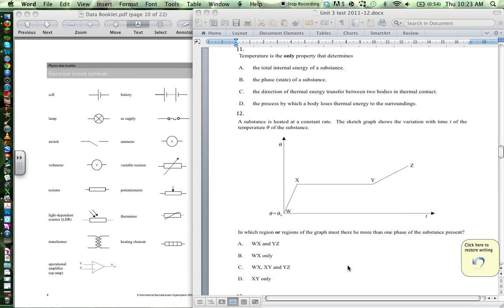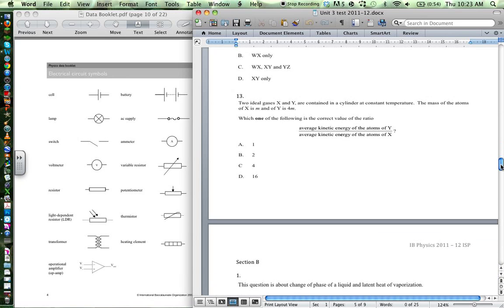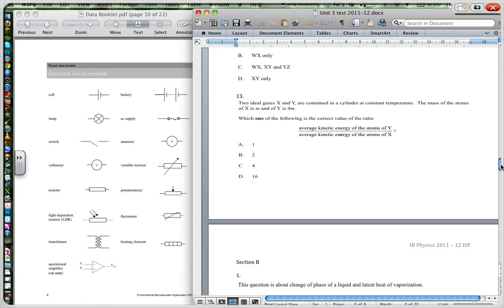And then our final question, 13, for this over here. It says, two ideal gases, X and Y, are contained in a cylinder at constant temperature. The mass of the atoms of X is m and Y is 4m.